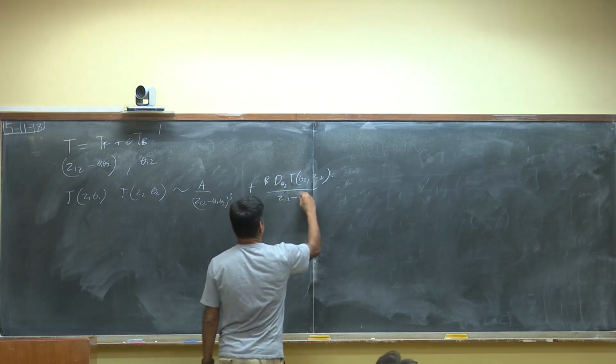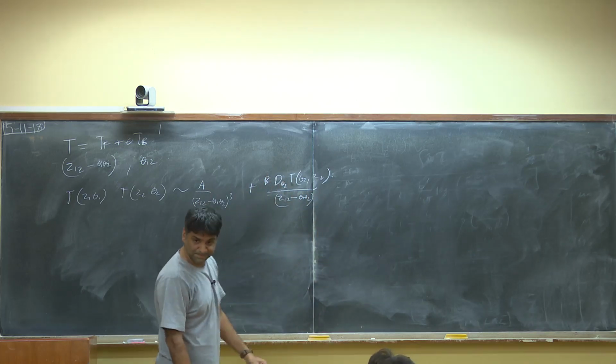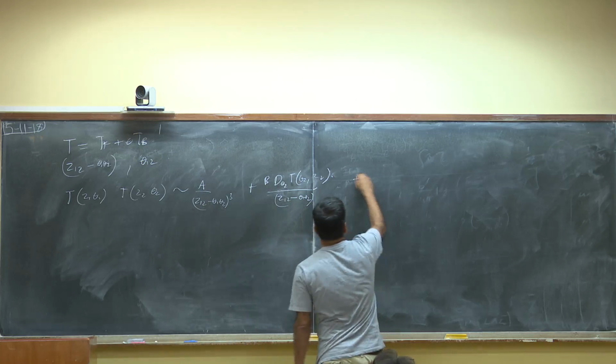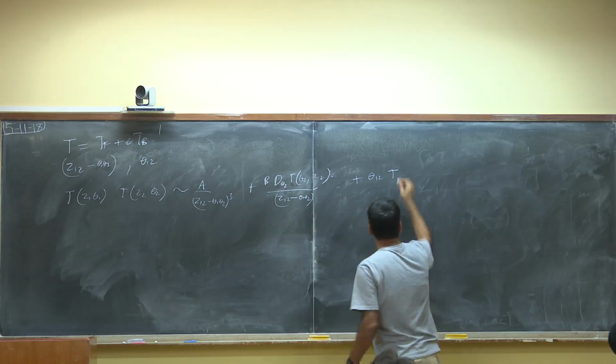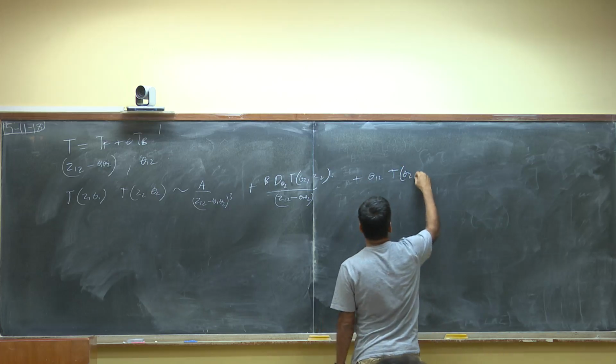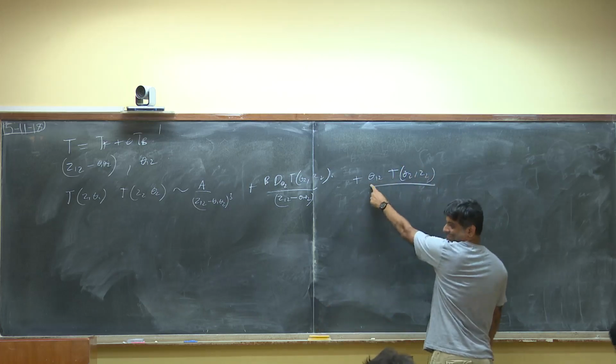So this is Z12 minus theta 1 theta 2. These were the terms without the theta 1 2. And then there were the terms which were plus theta 1 2. And here we could have a term which was just T of theta 2 Z2. So now this is dimension 1.